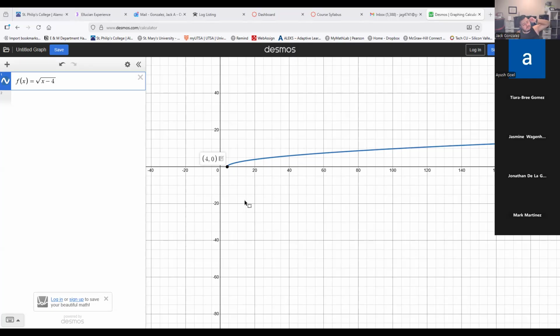14 looks kind of weird. Let's do that one. They changed the sharing.